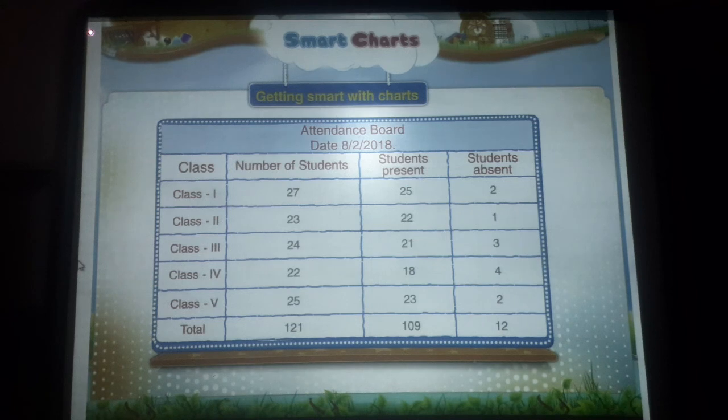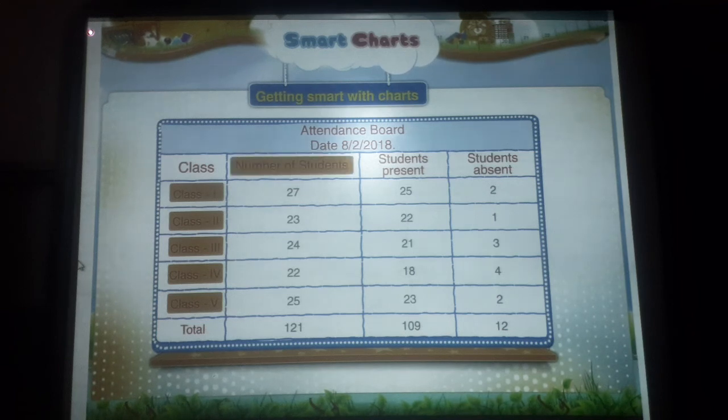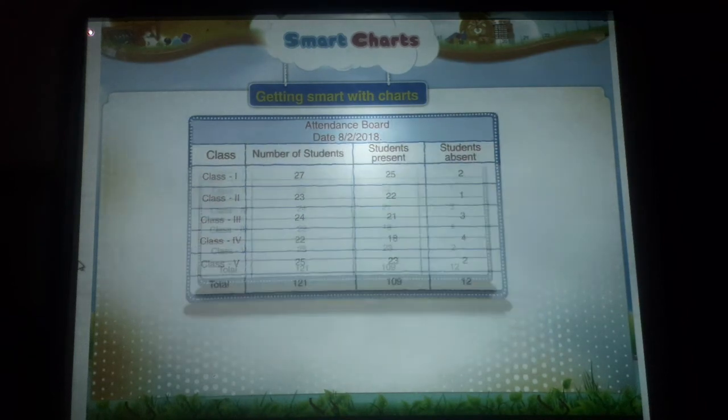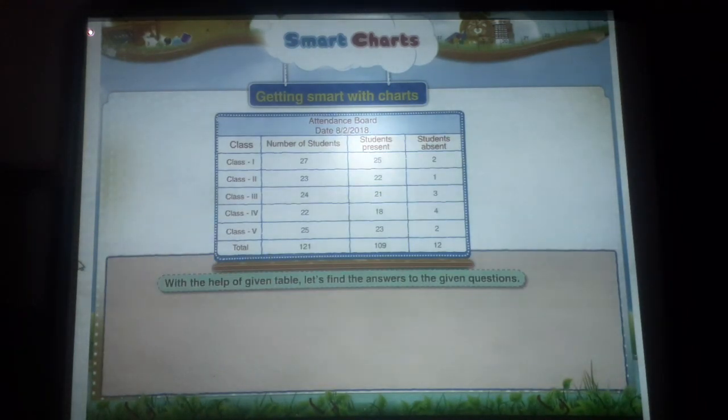It gives information of students from class 1 to class 5, the total number of students in it, and additional information about it like the number of students present and the number of students absent. With the help of the given table, let's find the answers to the given questions.